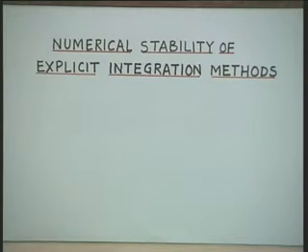Now, we will just discuss something about the numerical stability of explicit integration methods. When we discuss numerical instability, the meaning is that if the errors propagate and accumulate, then the solution will blow up.